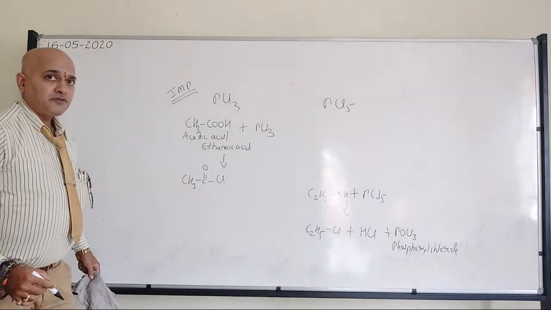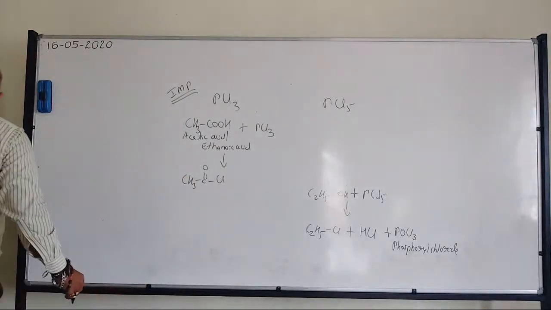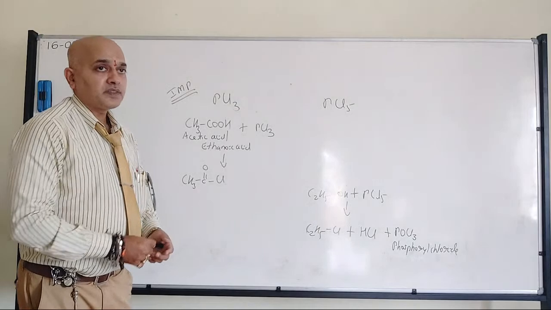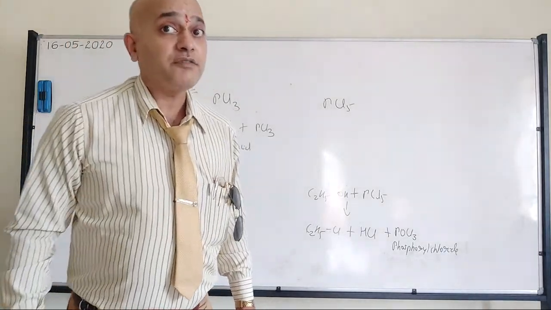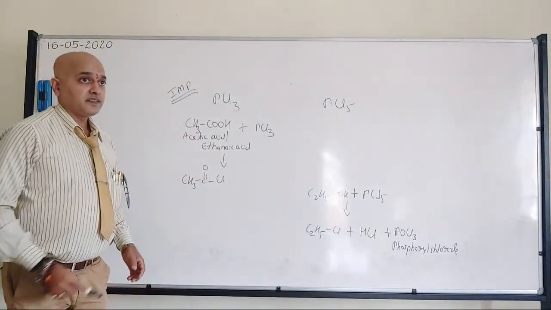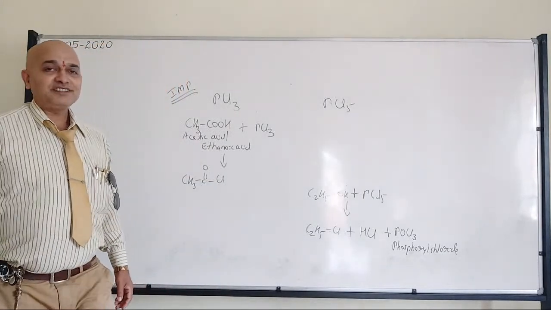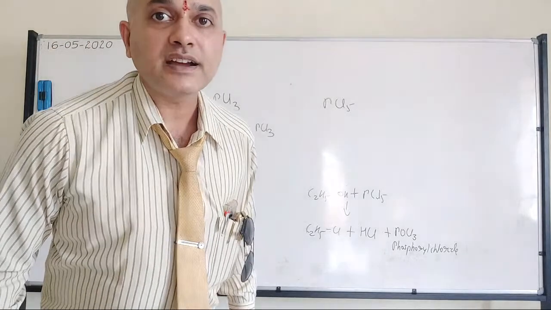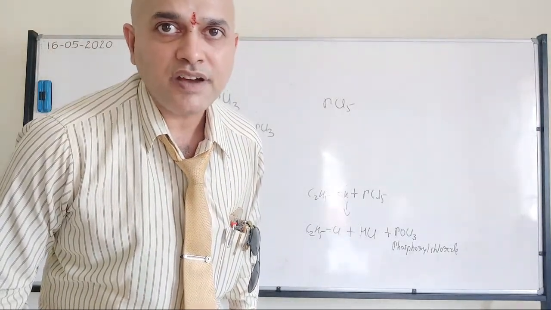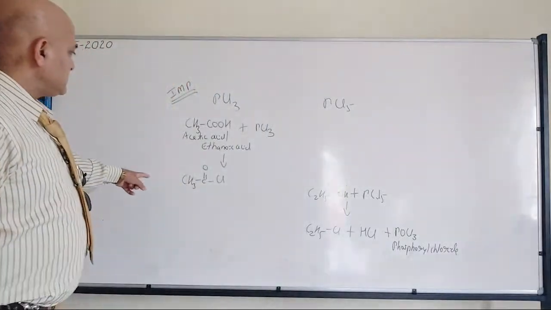CH3COCl. What is this molecule? Name of the molecule, anyone? We have discussed this one in the Friedel-Crafts reaction. No, that is acetic acid, fine, but I am talking about CH3COCl.